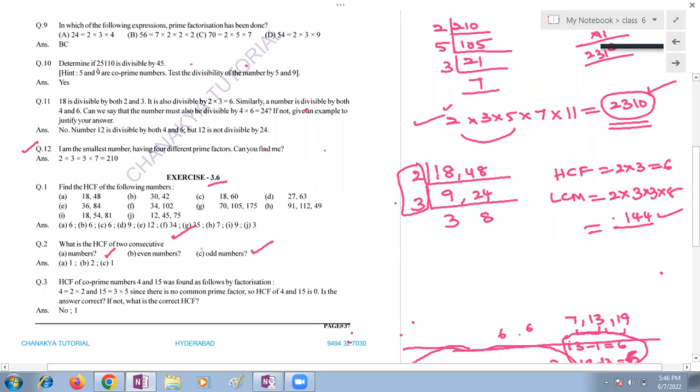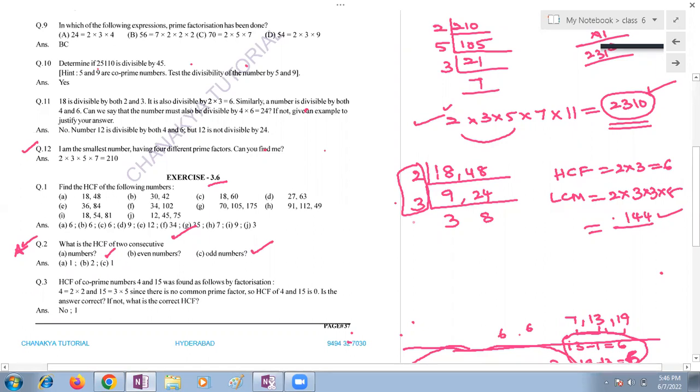Very good. This is a more important and interesting question in fill in the blanks. Ma'am, the HCF of consecutive numbers is always 1, because there is no table which has the consecutive numbers except 1. Exactly. So please find the HCF and put it in the chat box today.